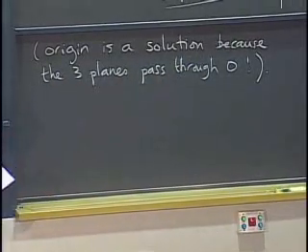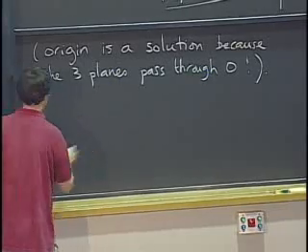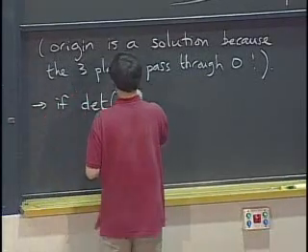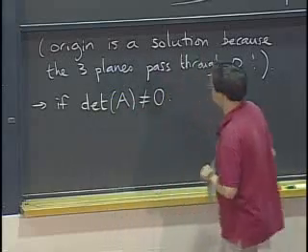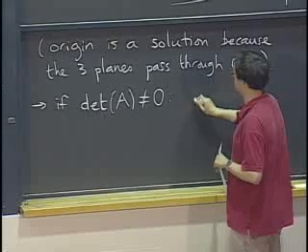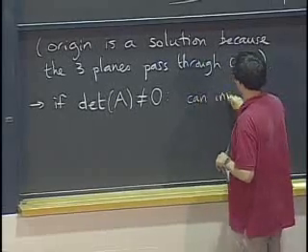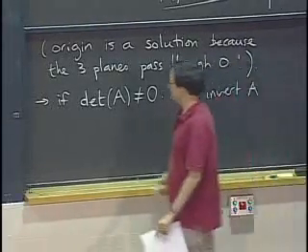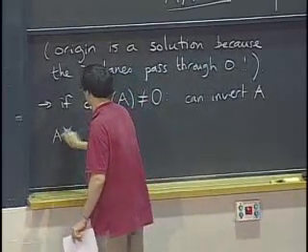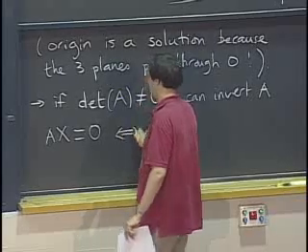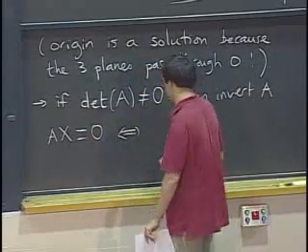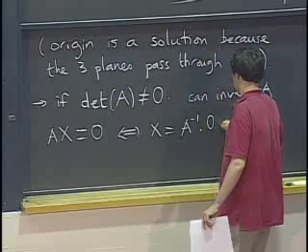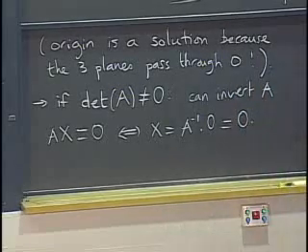Okay. So now there's two subcases. One case is if the determinant of the matrix A is non-zero. Well, that means that we can invert A. So if we can invert A, then we can solve the system by multiplying by A inverse. If we multiply by A inverse, we'll get x equals A inverse times 0, which is 0. Okay, and that's the only solution.